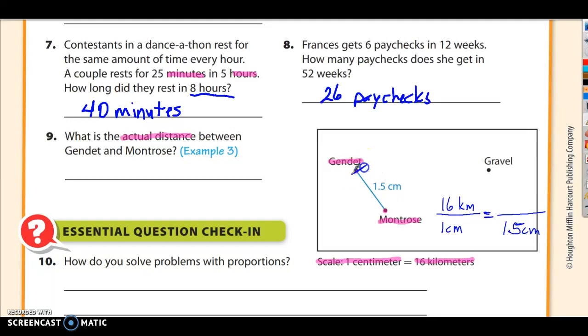So 1.5 centimeters means 1 whole centimeter like this, and then another half a centimeter. So if I went like this and drew 1 centimeter, and then half a centimeter, then I could use mental math to figure out 1 centimeter is 16 kilometers, and then a half a centimeter would be half of 16, which would be 8 kilometers. If you add those up, you're going to get 24. That's one way to do it. It's not the only way. It's a different method that we've been showing. So I'm going to write 24 kilometers.